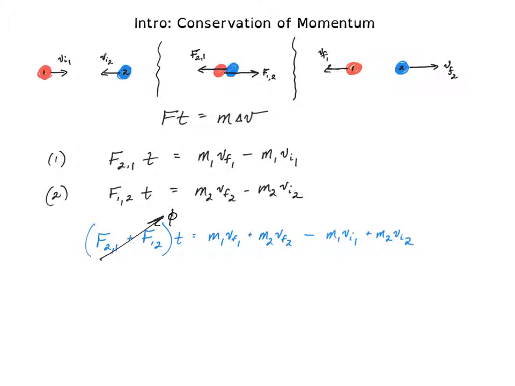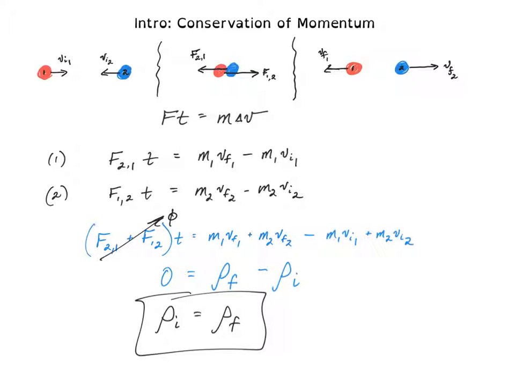So now, what is this actually going to look like? Well, this is going to look like 0 equals momentum final minus momentum initial. If I simplify that down, we get our definition of conservation of momentum, where we're saying that our initial amount of momentum within a system is equal to that final amount.